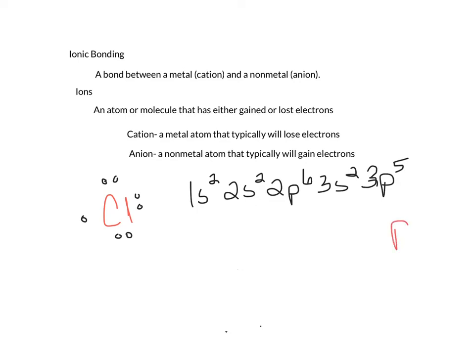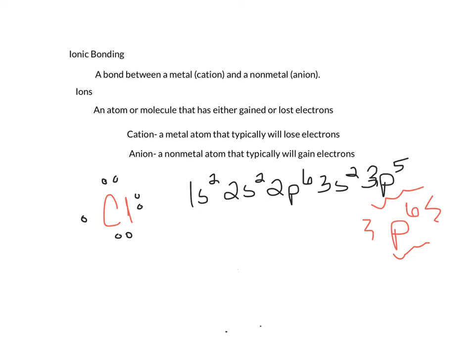Everyone wants p6, at the end of their configuration. Most elements do. And when we look at the Lewis structure of chlorine, it needs one more electron to fill every one of its outer orbitals.